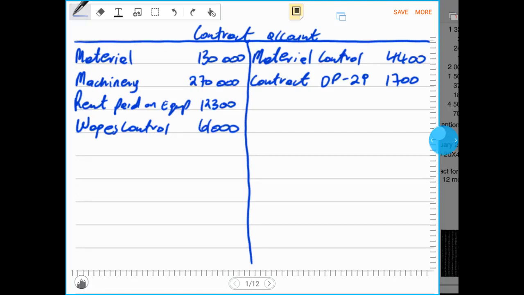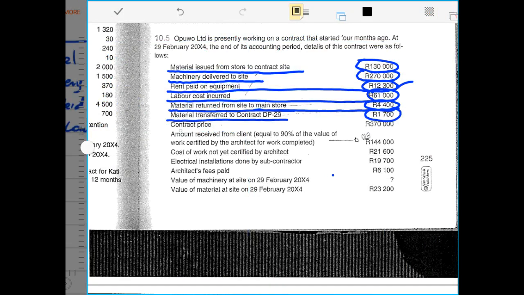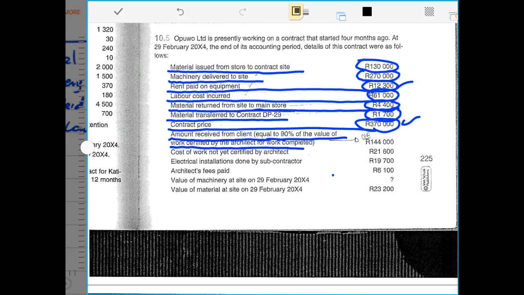Then after we check again for other entries, and we see the price of the contract was 370,000 rands. If there is a need for that, we'll take it into consideration. We are told that the amount received from the client is equal to 90% of the work that was certified by the architect.